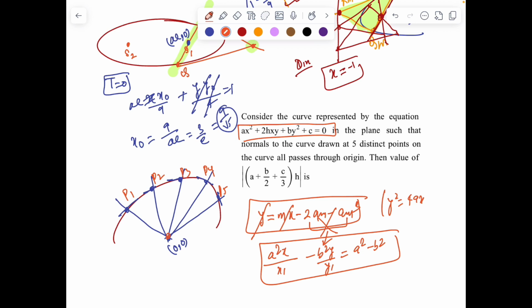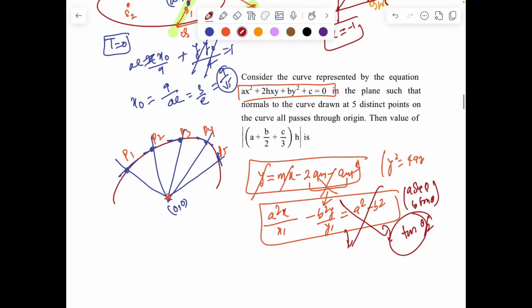If it has to pass through the origin 0 comma 0, even in a general equation, we can take a sec theta and b tan theta. So we will get a maximum of 4 possibilities because it will be a biquadratic in tan theta by 2, right? So even for an ellipse we can have a maximum of 4 normals.